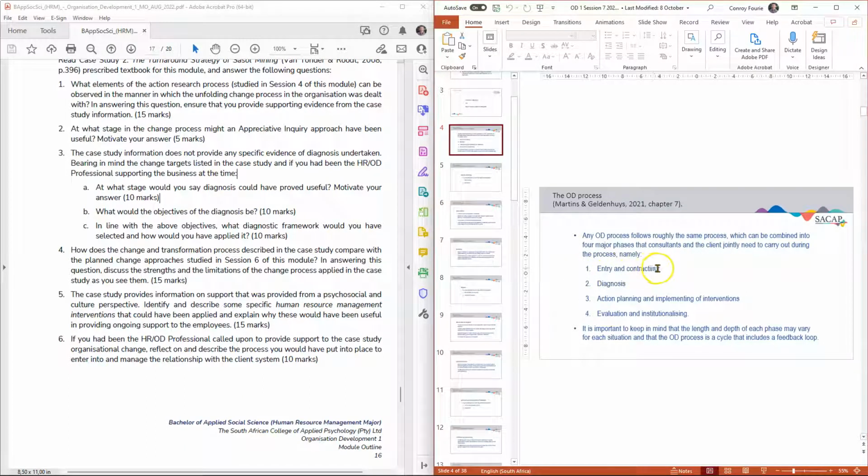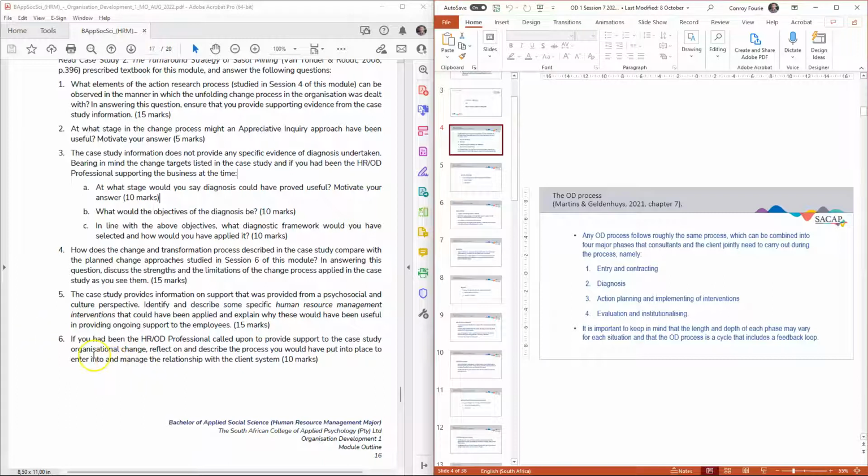I would label it as entry and contracting. Contracting is obviously associated with entry. You need to understand the dynamics that are at play in this particular issue. The textbook is very explicit about some of the dynamics around that, and your credibility as the OD consultant and your ability to manage the stakeholders in that entry process. So that's a specific part of this question, enter into.